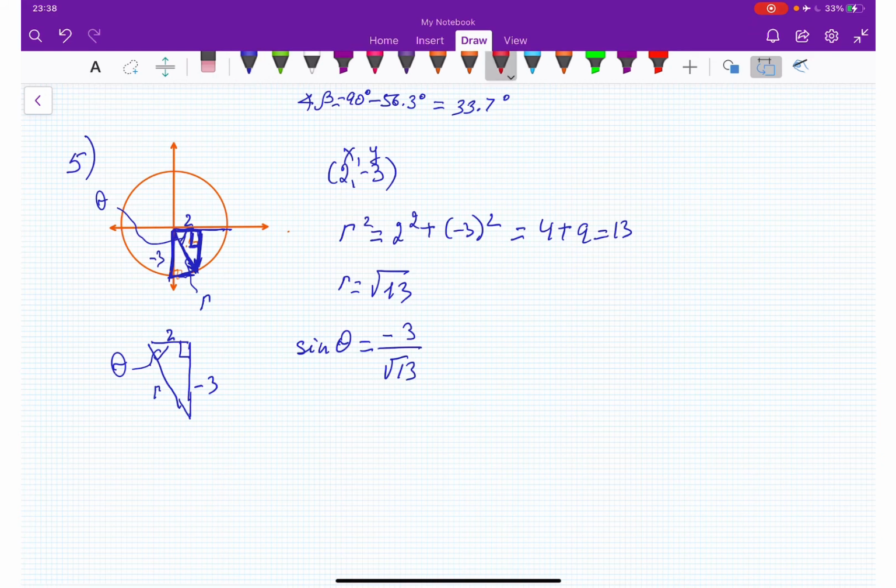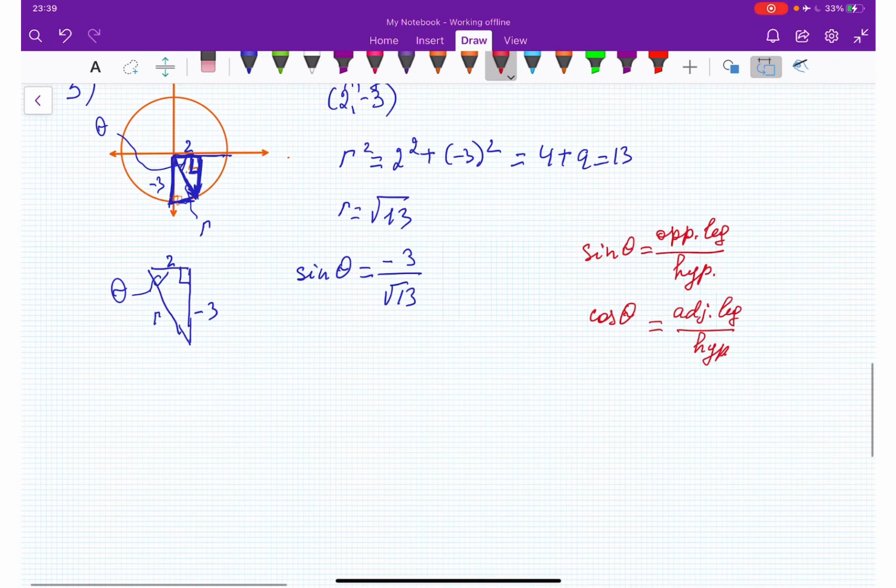Let me write out here one more time. So we have sine theta is equal to opposite leg over hypotenuse. Okay? Cosine theta is adjacent leg over hypotenuse. Okay? Tangent theta, opposite leg over adjacent leg. Remember, tangent works with two legs.